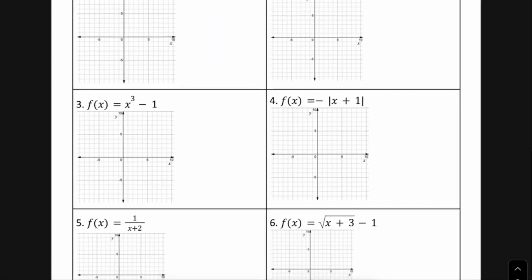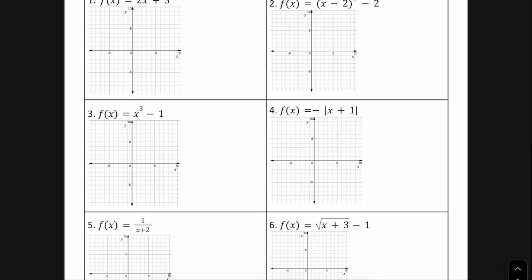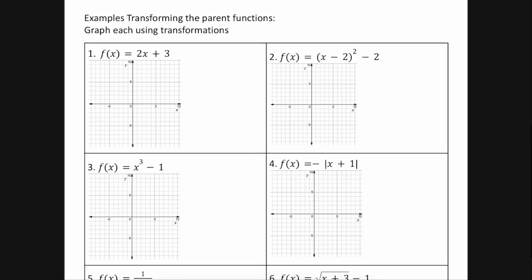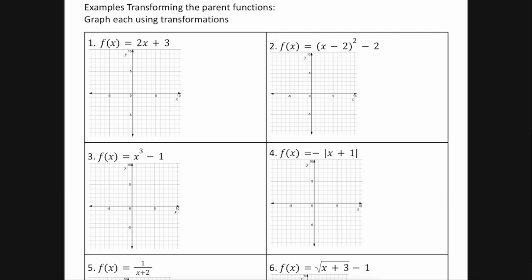So now let's go down to the bottom of this page. It says we're going to be transforming each of these parent functions, and we're going to graph them more quickly than we would have in a pre-calc class, or in an algebra 2 class.